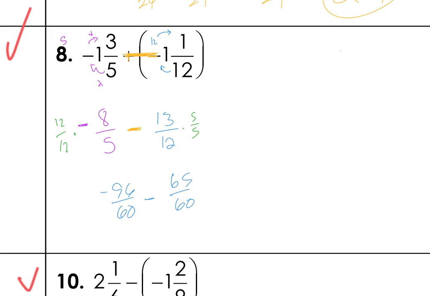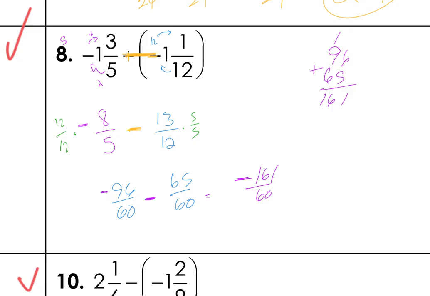And when we combine that, let's do this, 65 and 96. We're going to add them. Why are we going to add them? Because if I'm feeling negative 96 and I'm about to get more negative, we're just going to be combining these things. So we end up getting negative 161/60ths, okay?